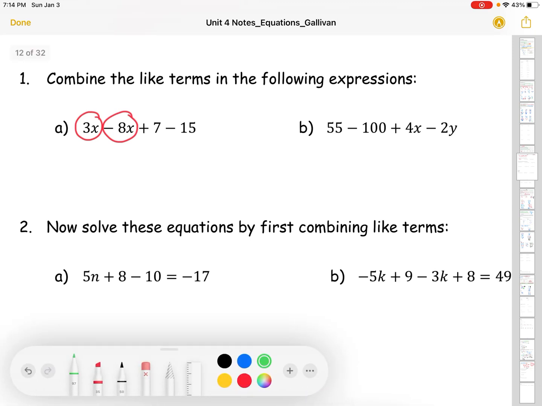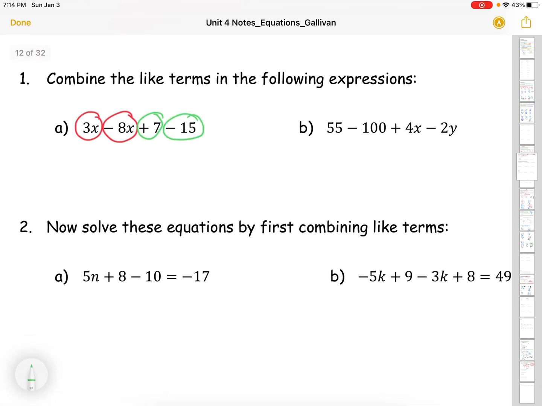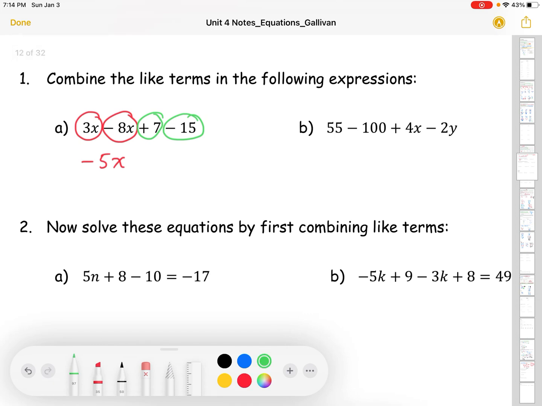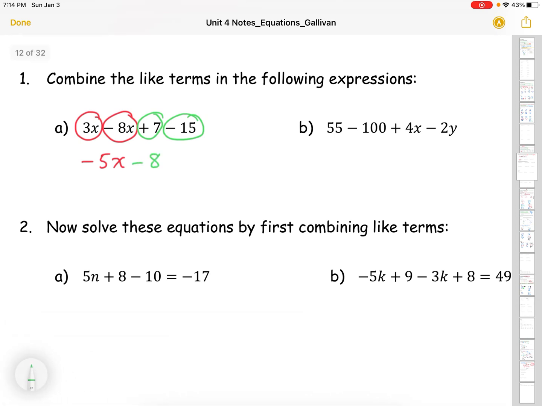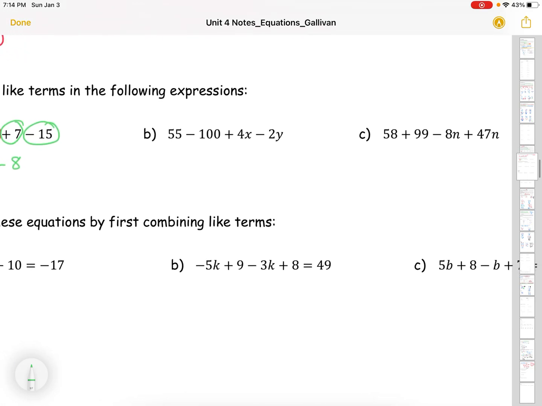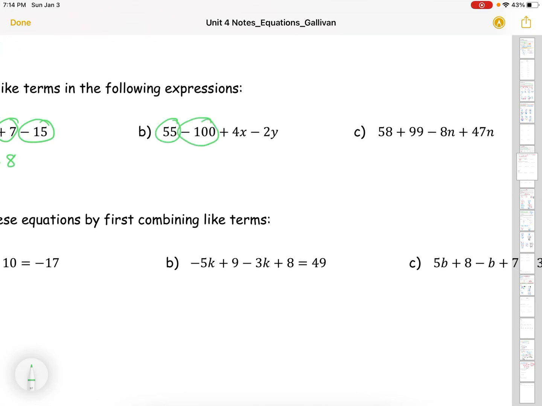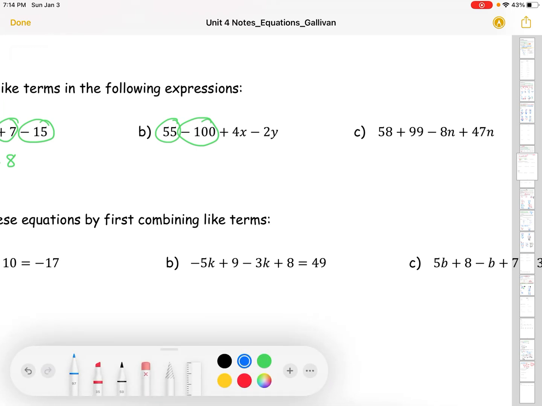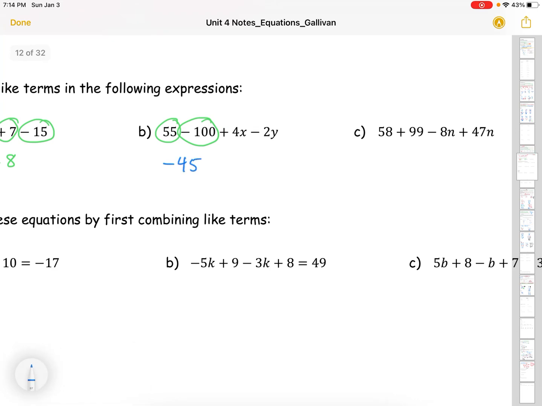So here I have a 3x and a minus 8x, and I have a 7 and a minus 15. So 3x minus 8x will be minus 5x, and 7 minus 15 would be a minus 8. Okay, nice warm-up there. Here I have a 55 and a minus 100, and then a 4x minus 2y. Those are not like terms. So 55 minus 100 gives me negative 45 plus 4x minus 2y.